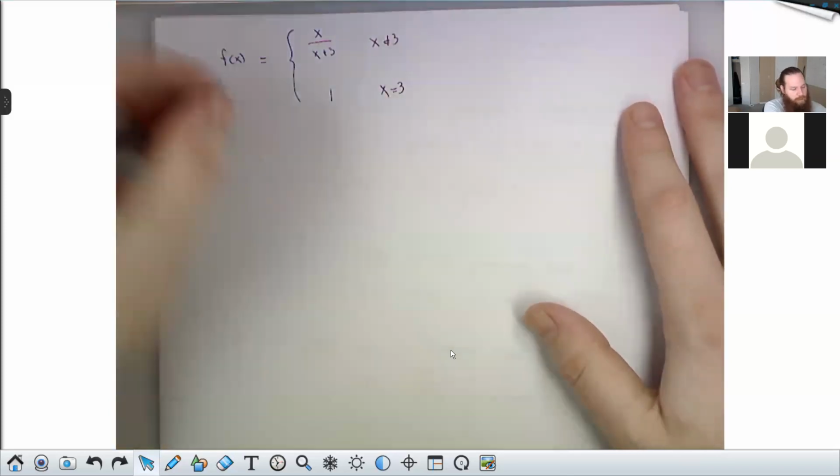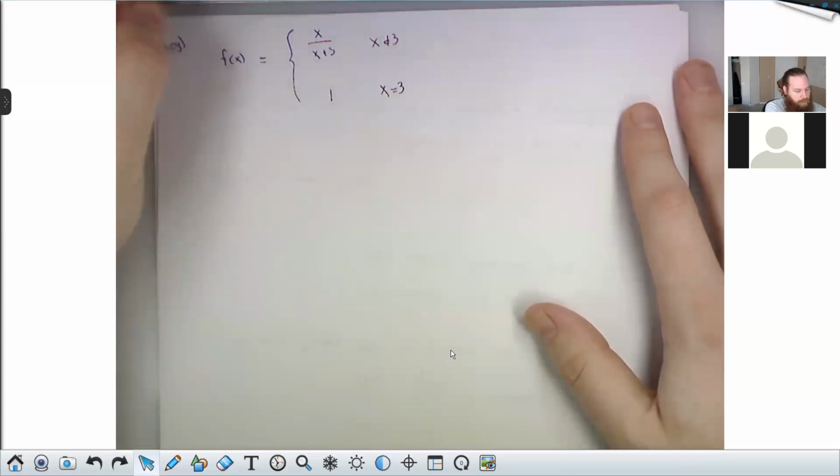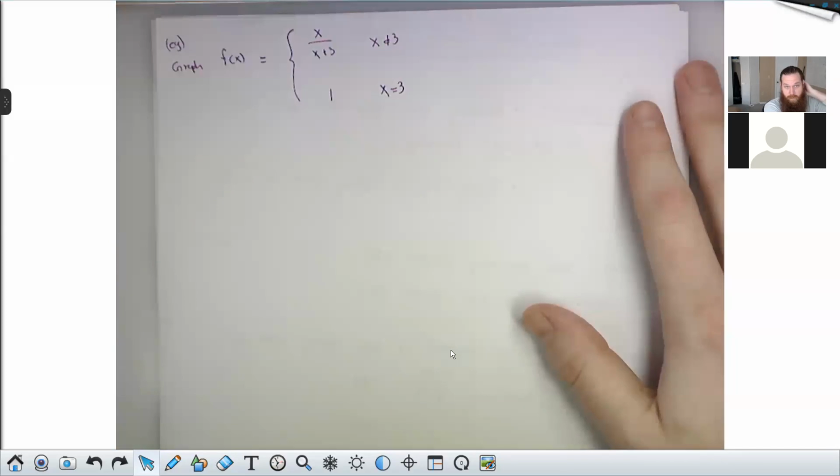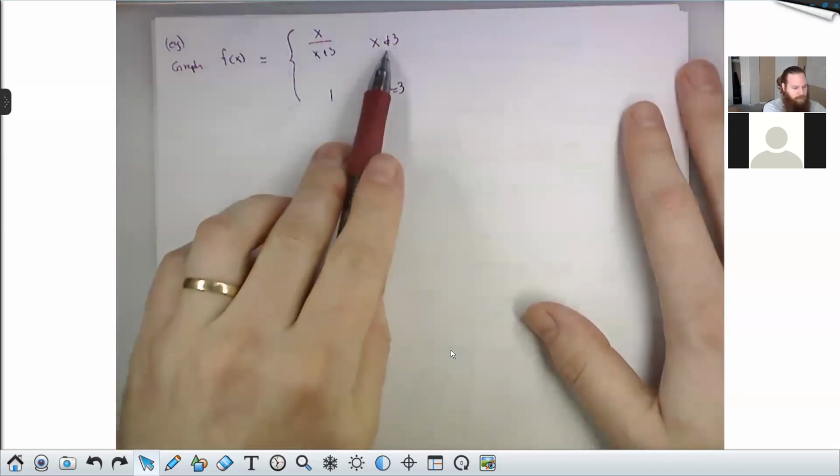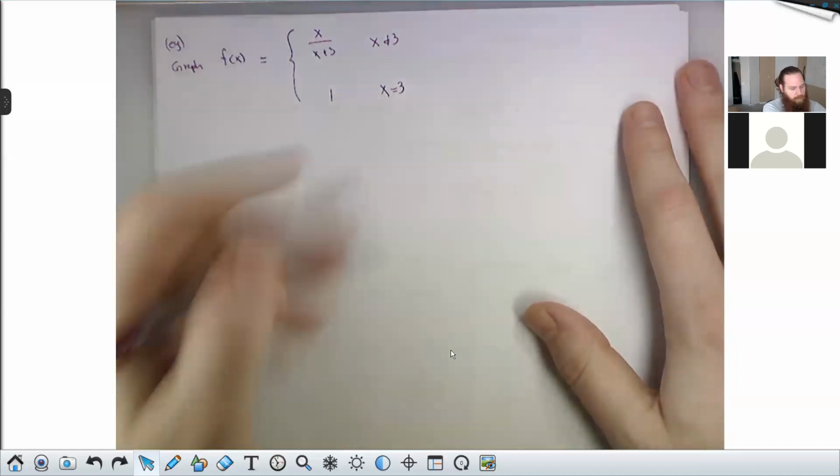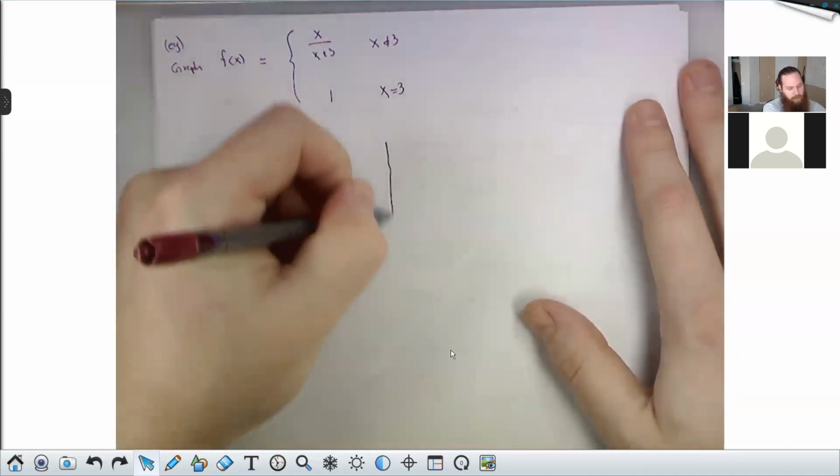So if I want to graph this, the problem is just to graph this function, then everywhere besides at 3, it's going to look like this. So do we know what the graph of that thing looks like?